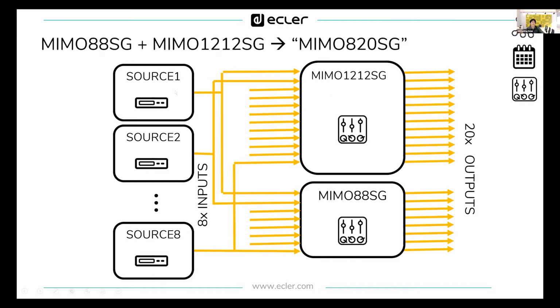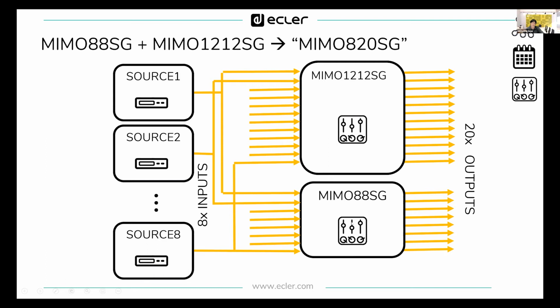Let's see the example. You have 8 sources. So source 1 is connected at the same time into MIMO 1212 and MIMO 88HG in input 1. Source 2 the same. We connect source 2 into input 2 of both matrices.